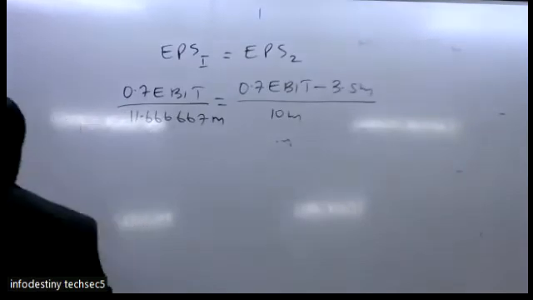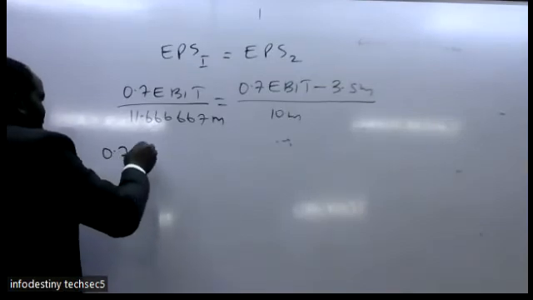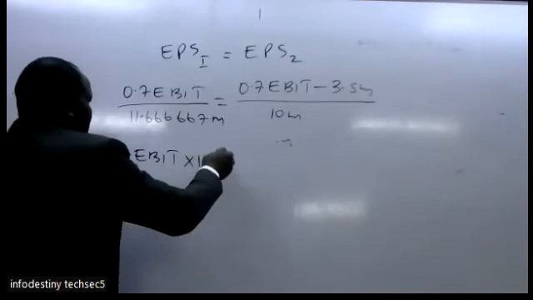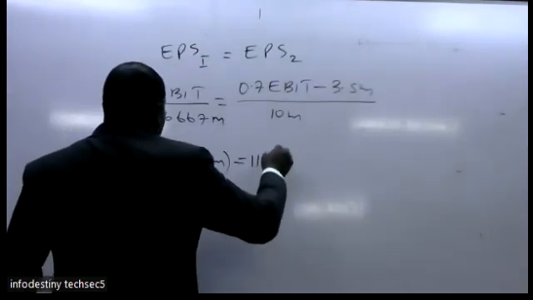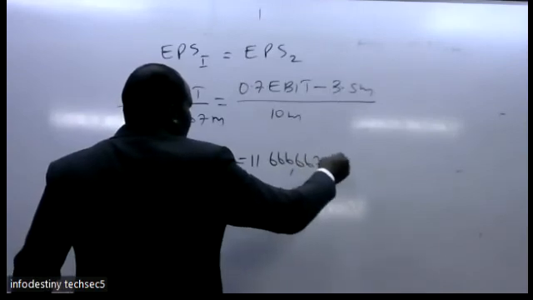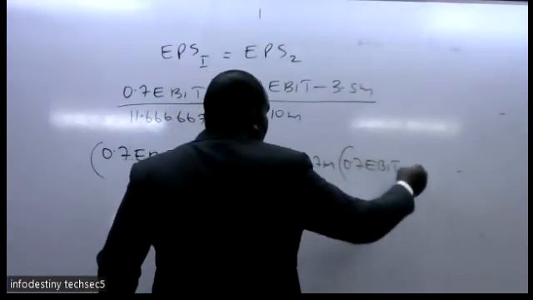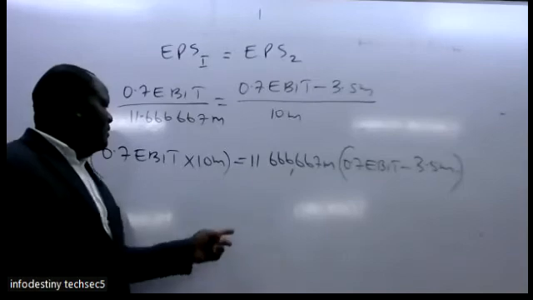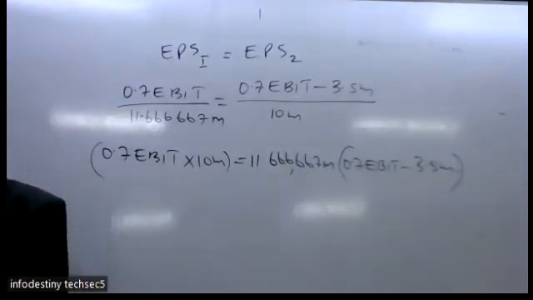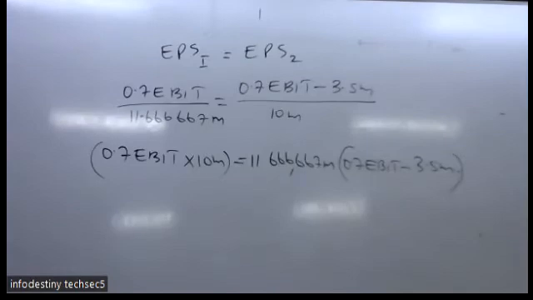When you cross multiply, it should be 0.7 earnings before interest and tax multiplied by 10 should be equal to 11.666 multiplied by 0.7 earnings before interest and tax minus 3.5. Open the brackets, then make earnings before interest and tax the subject.